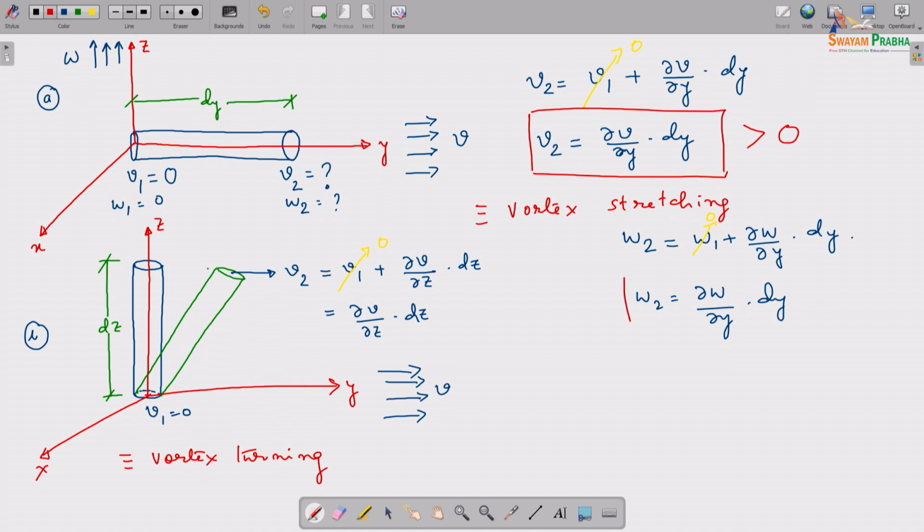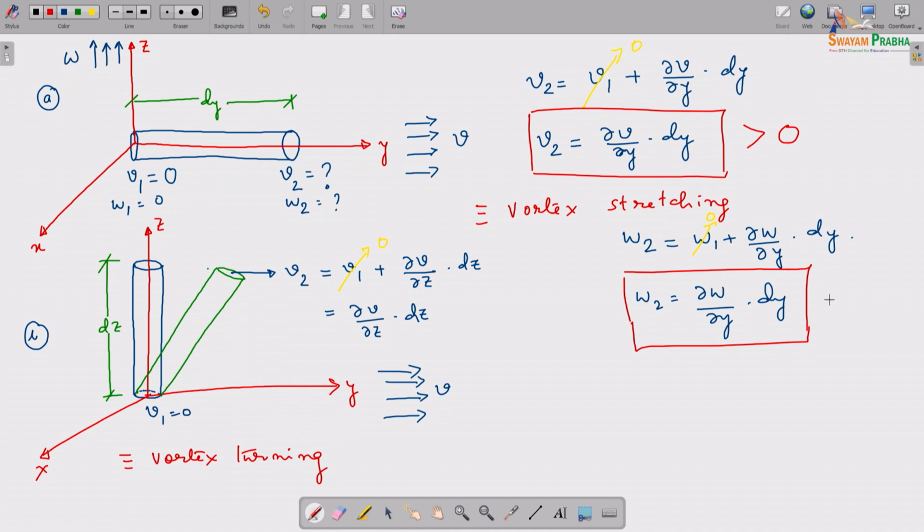Now, essentially this is telling me that the z component of velocity is going to be equal to the rate of change of z component in the y direction into the length over which that is happening, which is dy. Now, if this happens, what do you think it is going to do?